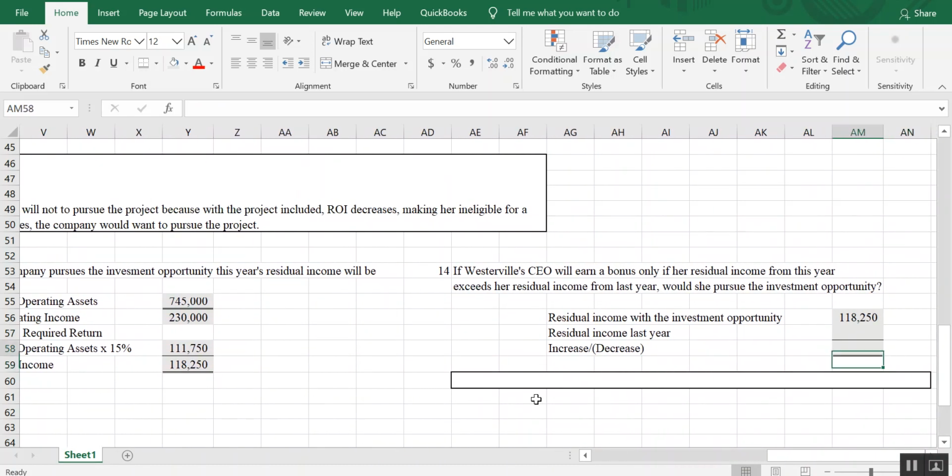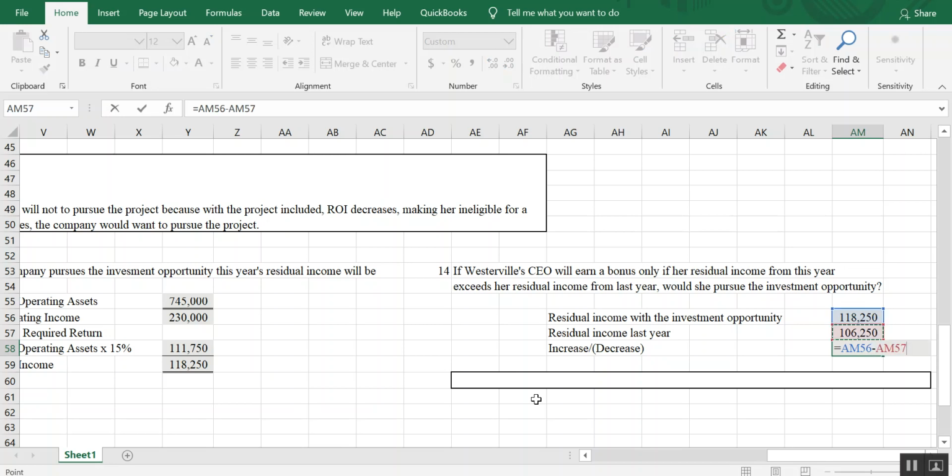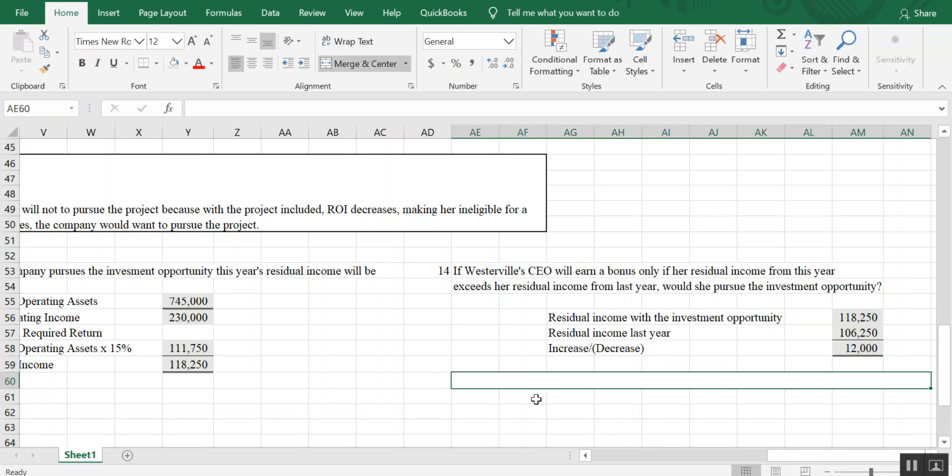So we'll bring that over here, 106,250. And then we basically take the residual income with the project minus the residual income without the project, and we get an increase of $12,000 in residual income.